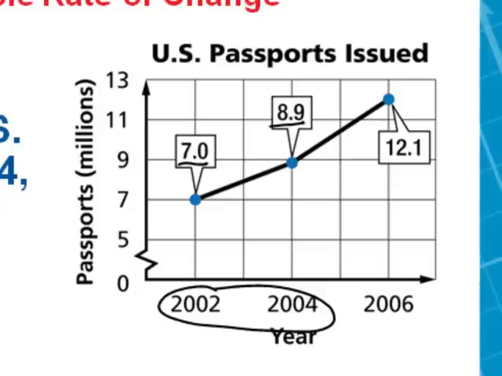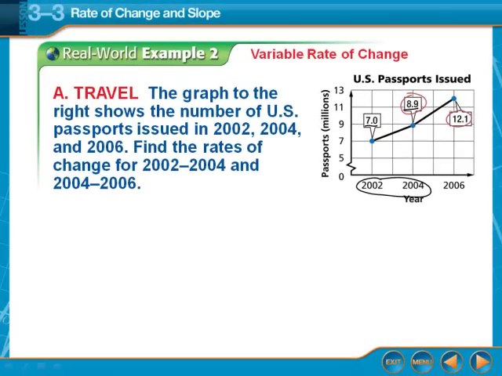Then you can do the same thing again, and we can look at a different 2-year period. We go from 8.9 to 2.1. We're looking at segments this time. We're still looking at rate of change. We're still looking at the concept of how much does it rise versus how much does it run. How do the y's increase compared to the x's? And we can look at different rates on segments.